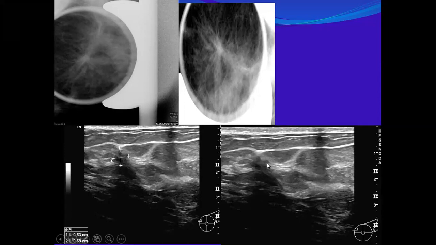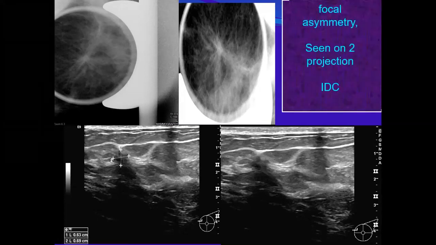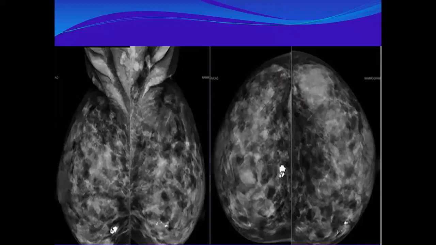It is tiny, but there was a definite cutting sign. I reported it as BI-RADS 5 because of the cutting sign, and because the center is dense. It was proven invasive cancer on a screening mammography. At the beginning, it was a focal asymmetry. This is a case from literature.